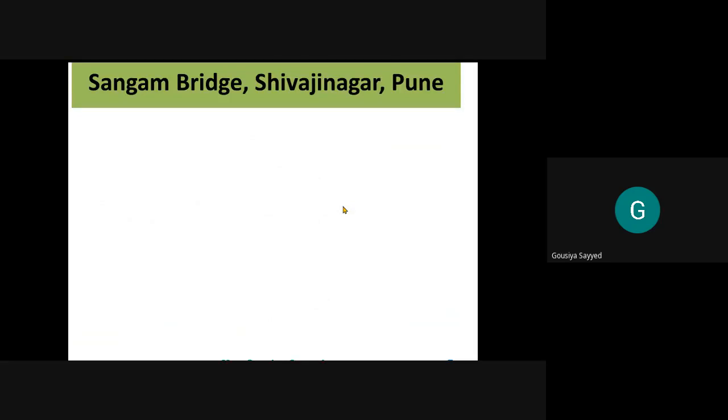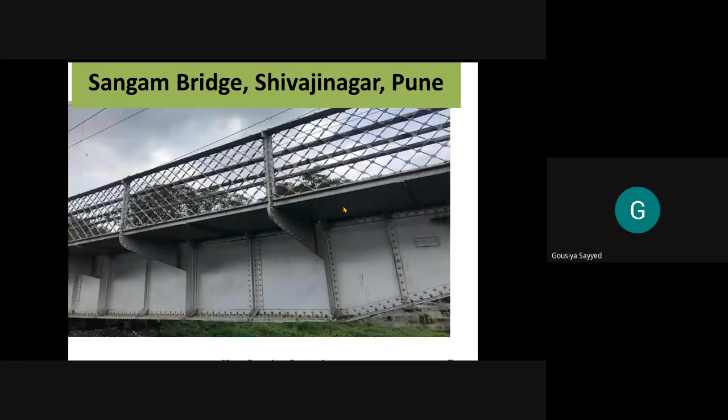So let us see one practical example of plate girder in Pune, which is known as Sangam Bridge, located at Shivaji Nagar, Pune. So this is the bridge where plate girder is used.